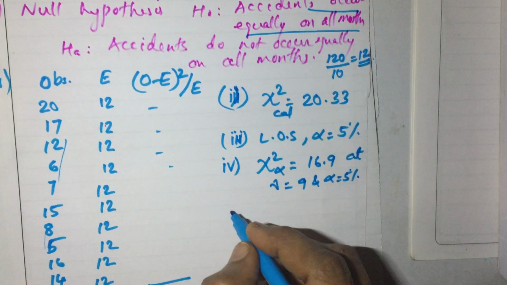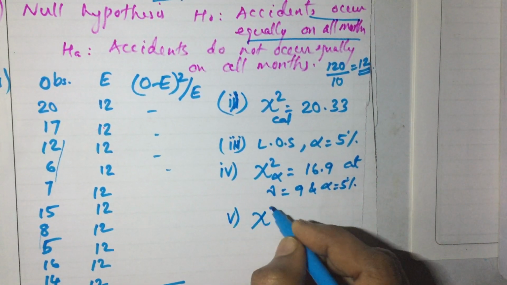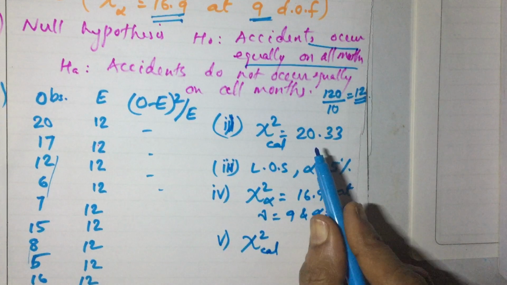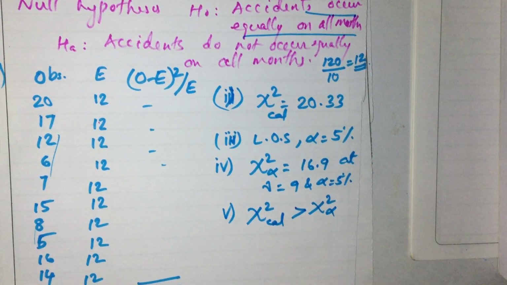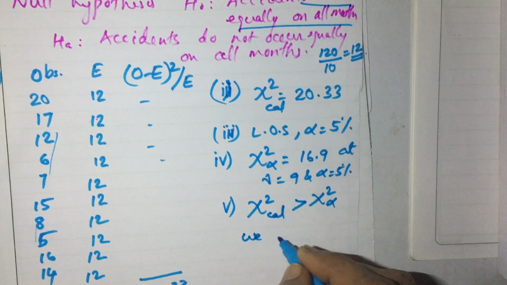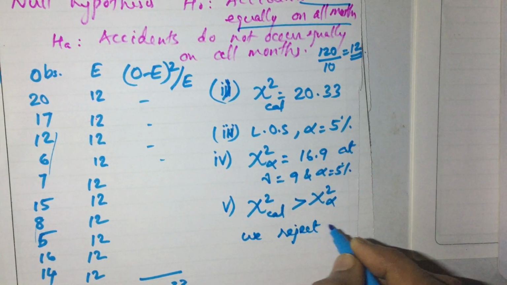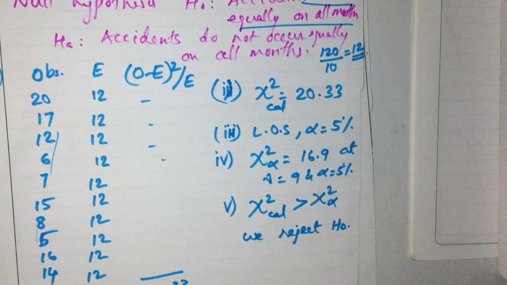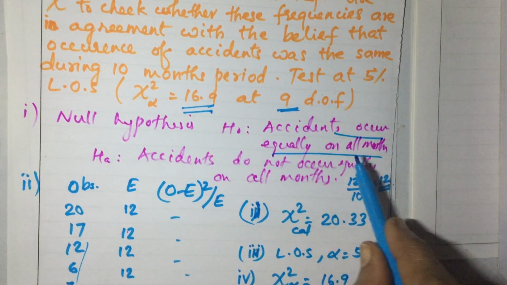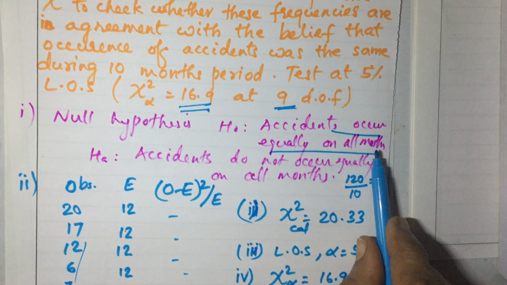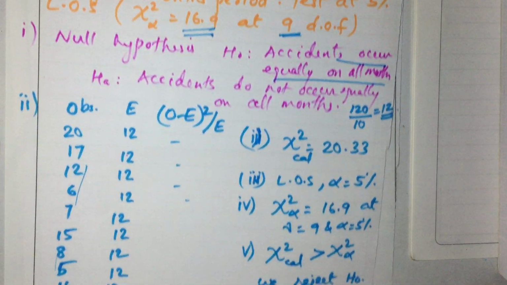So now the fifth one, chi-square calculated value 20.33 is greater than chi-square alpha. That means we reject H0.